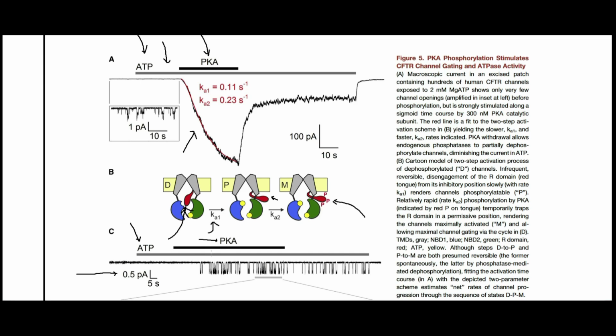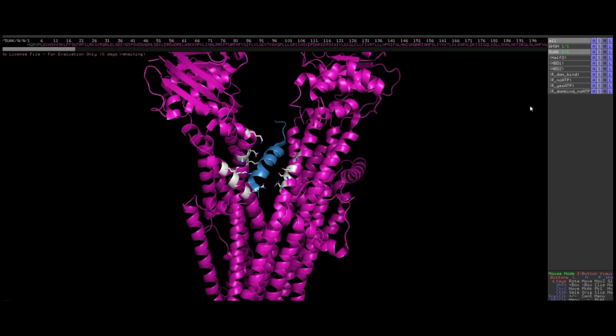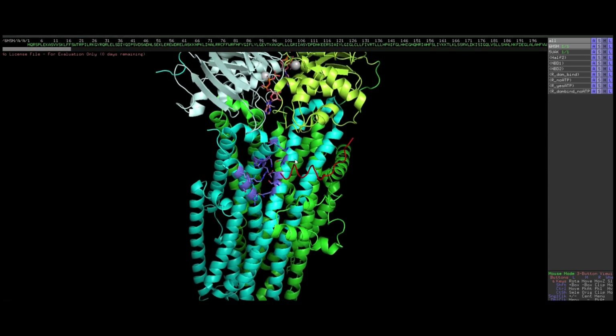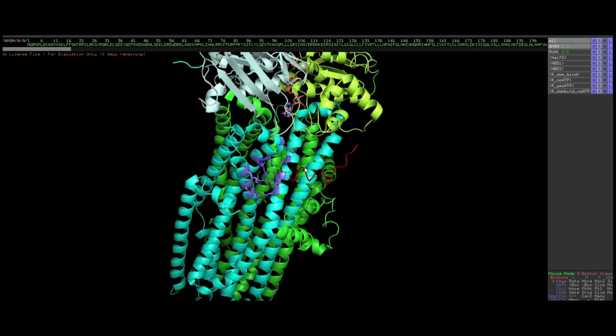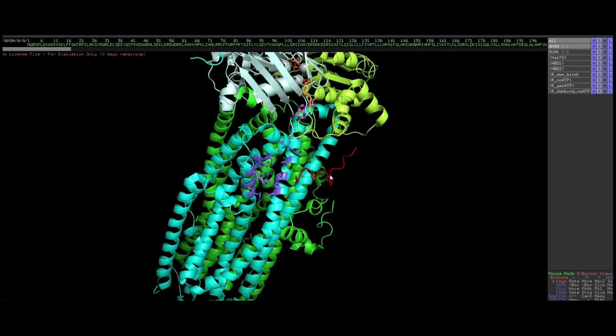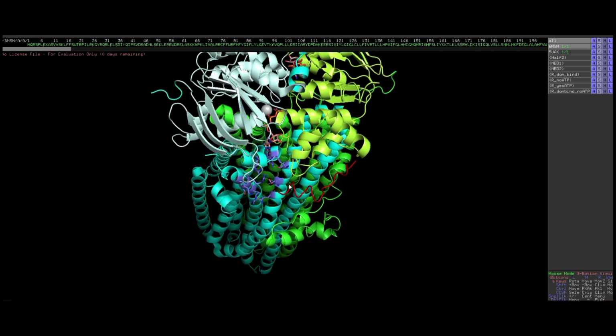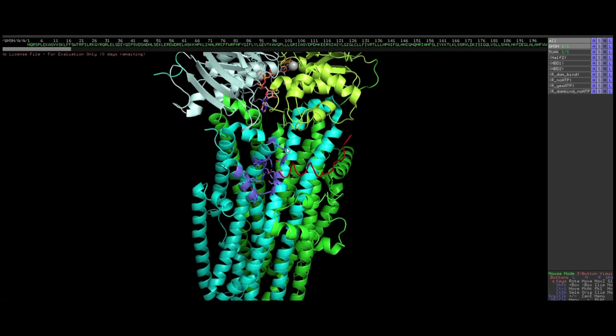So in the inhibited state right there, but we can remove that and put this in here, and so this is in the uninhibited state. And so we see this red ribbon right here is actually that R domain that's sort of moved out of the transporter.